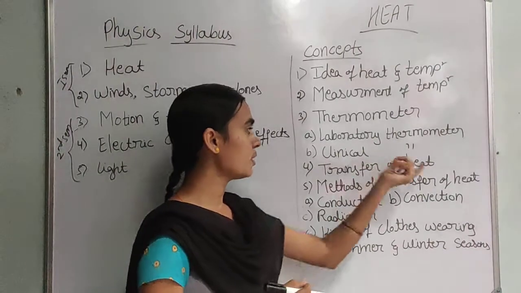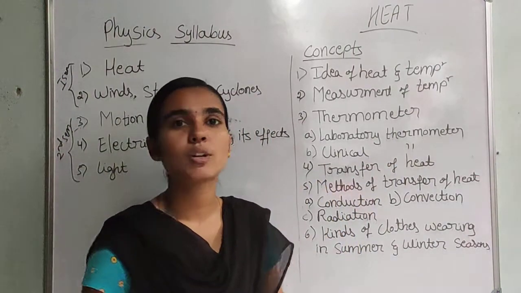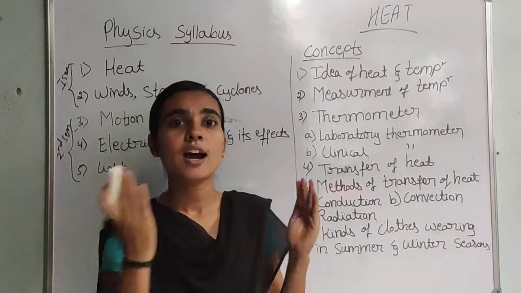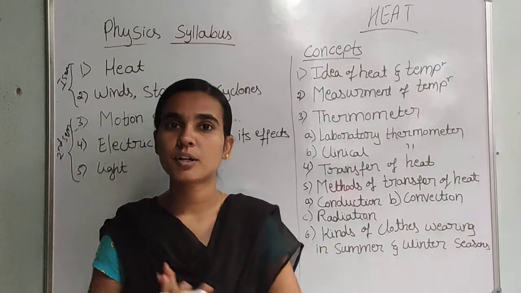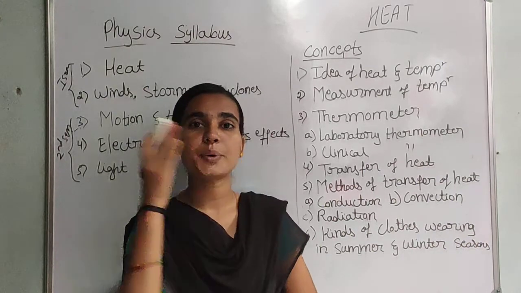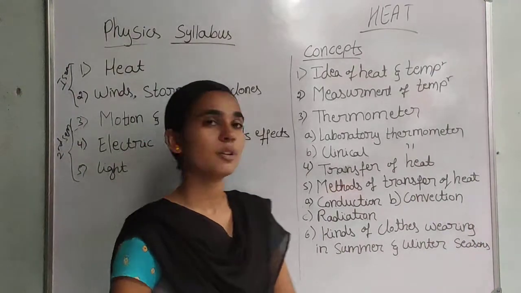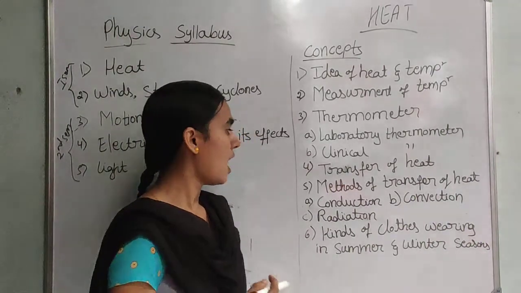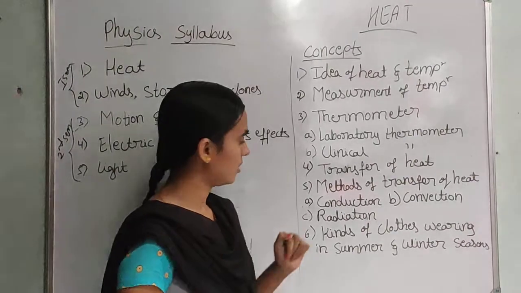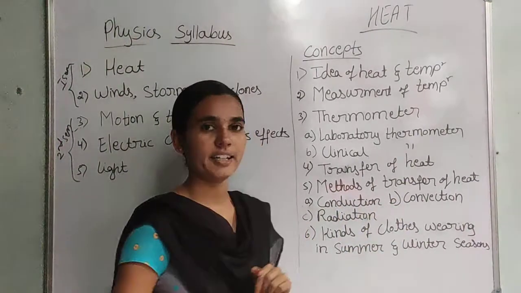The fourth one is transfer of heat. Heat also transfers from one end to another end, or from one part of a body to another part of a body. So how does heat transfer from one end to the other end of the same object? A transfer of heat takes place in three processes: the conduction process, the convection process and the radiation process.